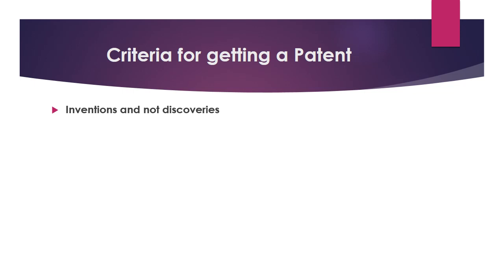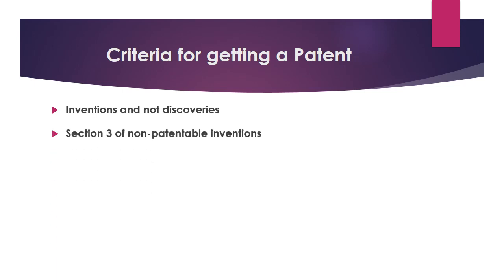Suppose I am saying that now instead of using sugar I am using jaggery to sweeten something. I am only discovering the property of jaggery. I am not doing some lab work to add that property in jaggery, right? So this is called a discovery. Discoveries as such are not allowed in the Indian Patent Office.